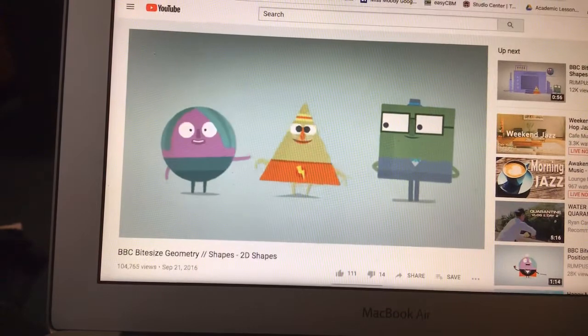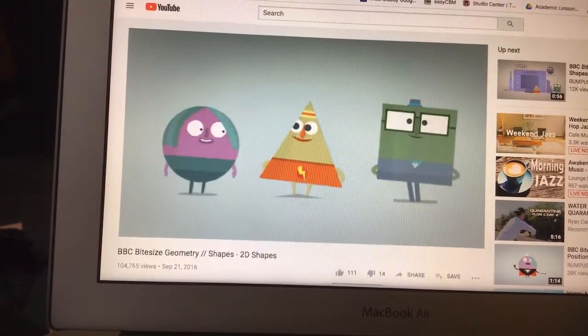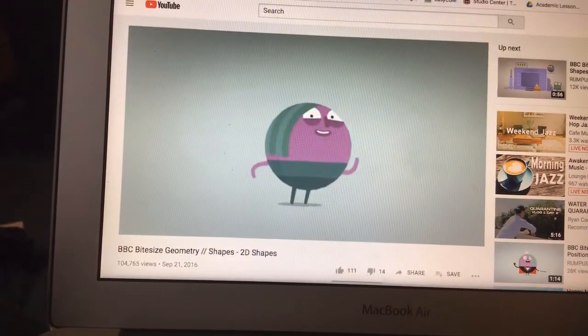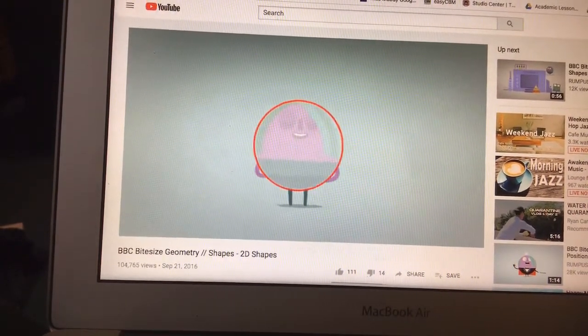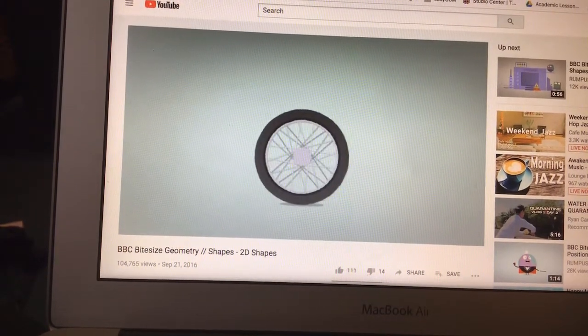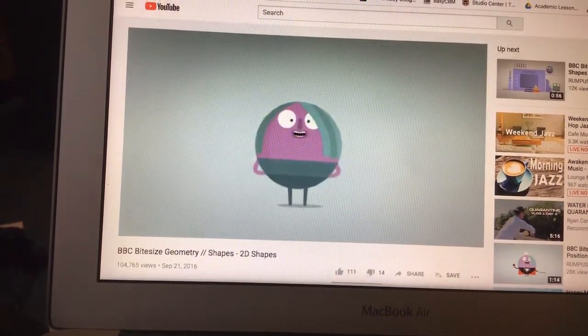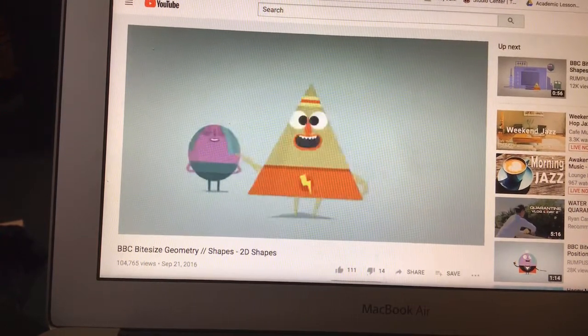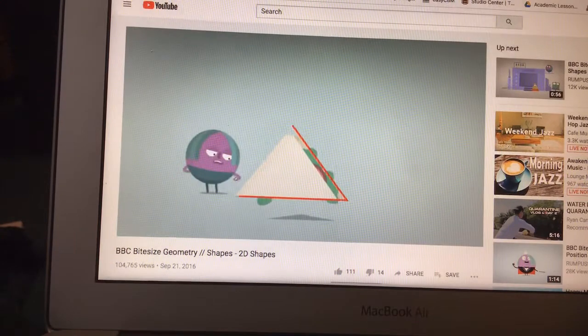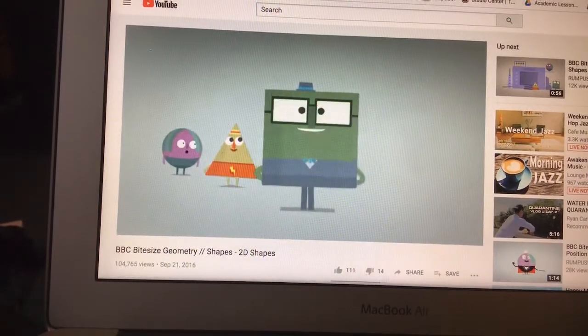These guys are 2D shapes, and 2D shapes are everywhere. Shapes have sides and corners and are completely flat, like a drawing on a piece of paper. Circles don't have corners and have got just one long, round side. Wheels, they're circles and are one of the most important inventions ever. Triangles, like a slice of pizza and sandwiches. They've got 3 sides. Square, 4 equal sides.